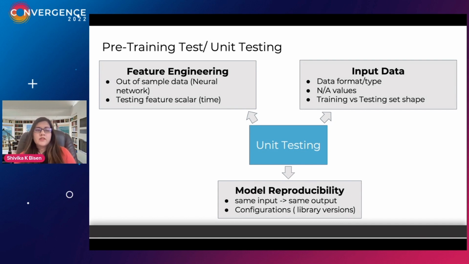And this is particularly important for the neural network model. Then there is another example that I can give, and that's related to testing the feature scaler, right? I work with a lot of real-time IoT data, and there time is an important feature.